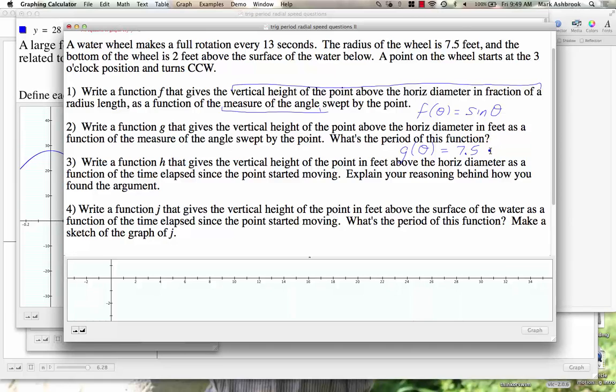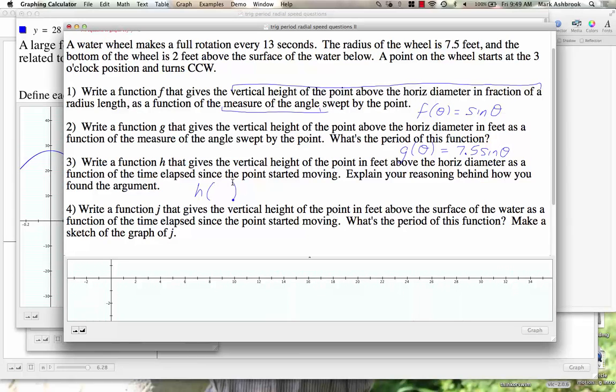Yeah, so if 7.5 is the radius, we want that fraction, sine theta, of 7.5 to give us feet above. Sine theta gives us the fraction that we want of the full radius, 7.5 feet. We good?